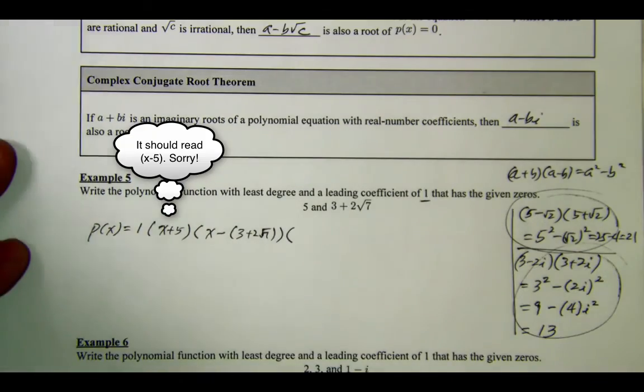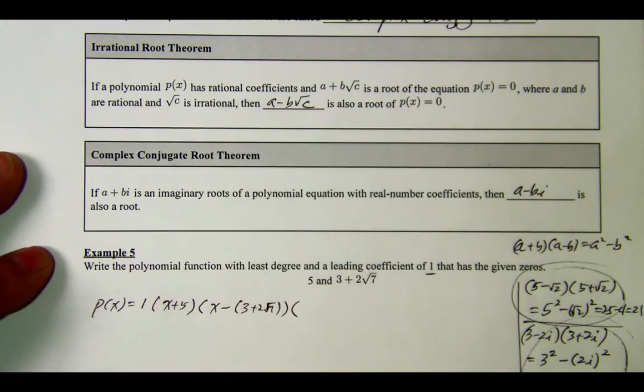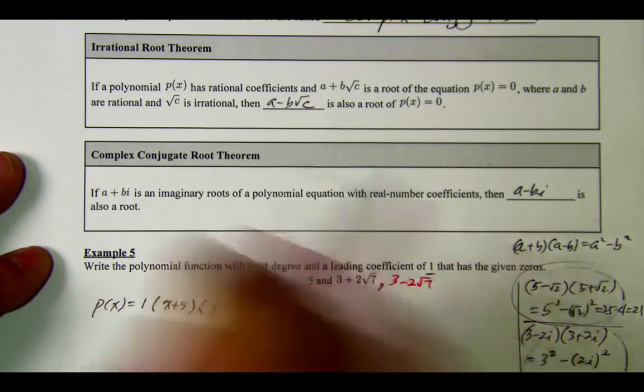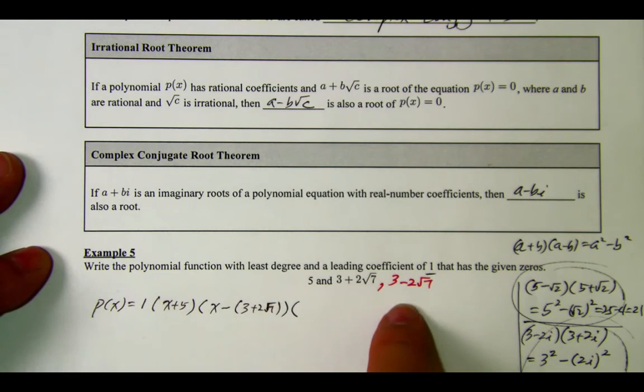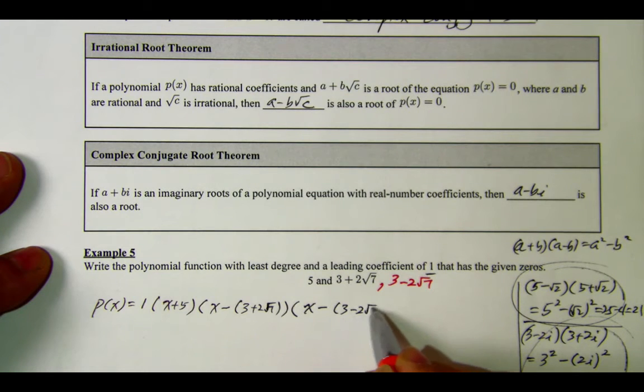And, oh yeah, that's right. Because according to the irrational root theorem, if that is a root, then so must be 3 minus 2 root 7, right? So if that's a root, we could express that as a factor of x minus a root, which is 3 minus 2 root 7, like this.